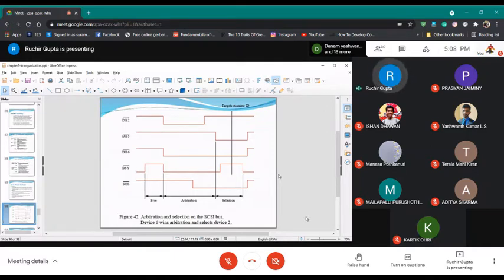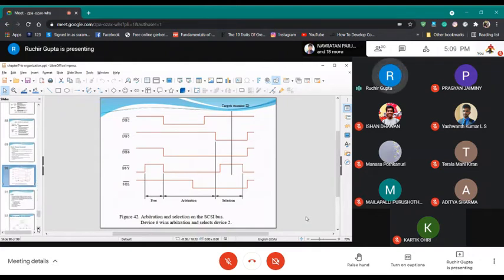Then the one with the highest number will get the information that he has won the arbitration, and after that, he'll choose a target. The target will now assert a busy signal, and the data transfer will happen. We have already seen that there are phases like arbitration, selection, and information transfer. This arbitration and selection is being shown in this diagram. Is it okay? Does it make sense?